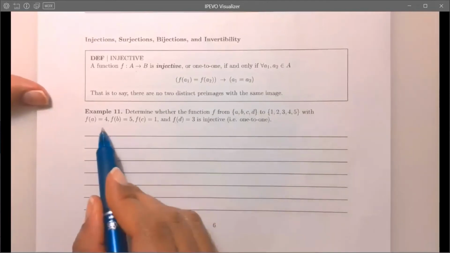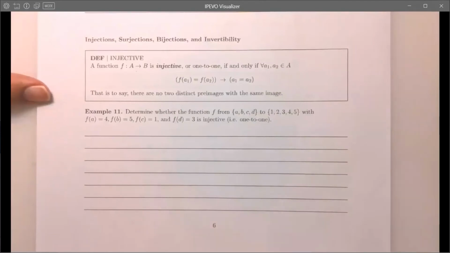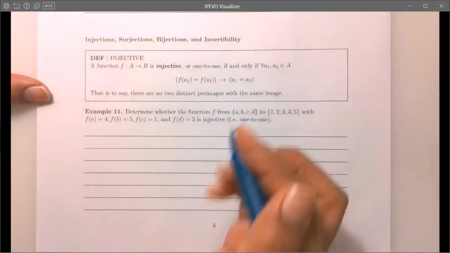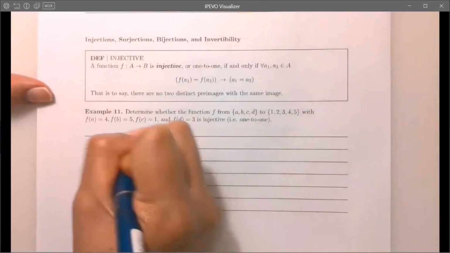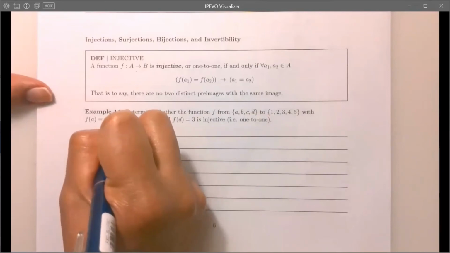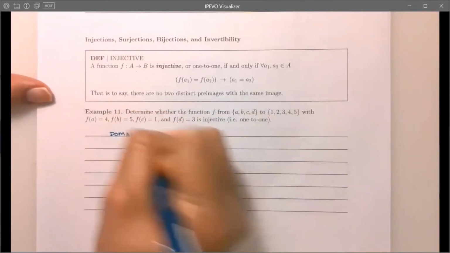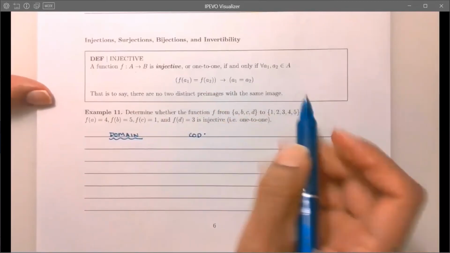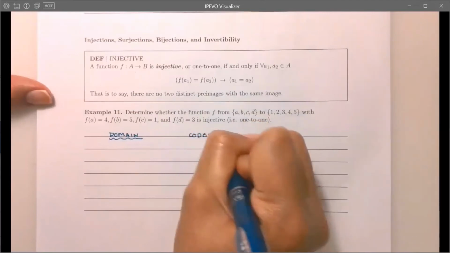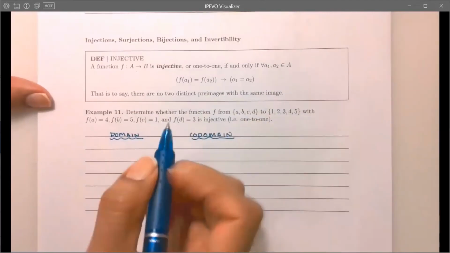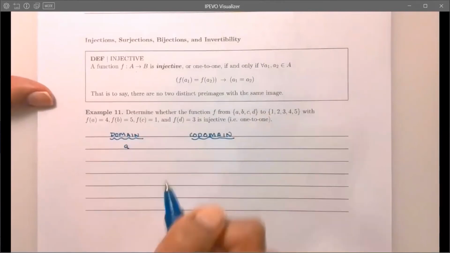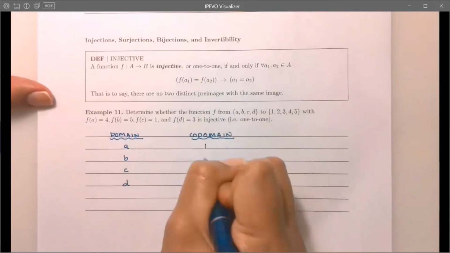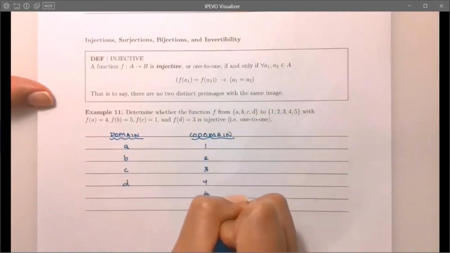So when you have the elements listed out this way, one quick method that you can use to see if it's injective is to list out the domain versus the range. Or I guess in this case we'll list out the whole codomain. Okay, so we have possible inputs a, b, c, d, and codomain 1, 2, 3, 4, 5.